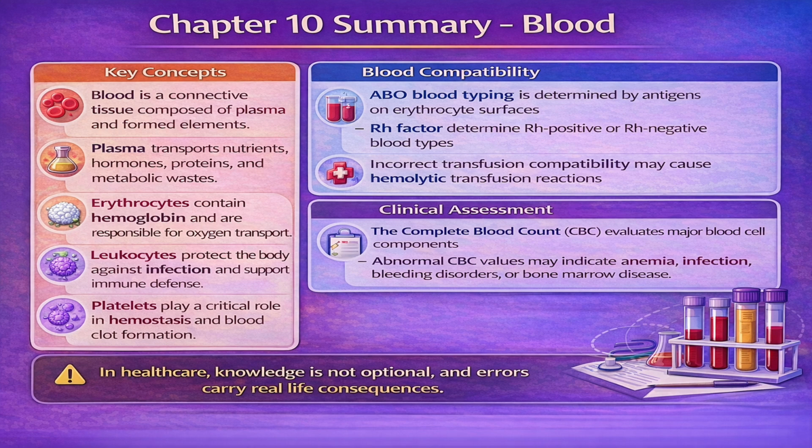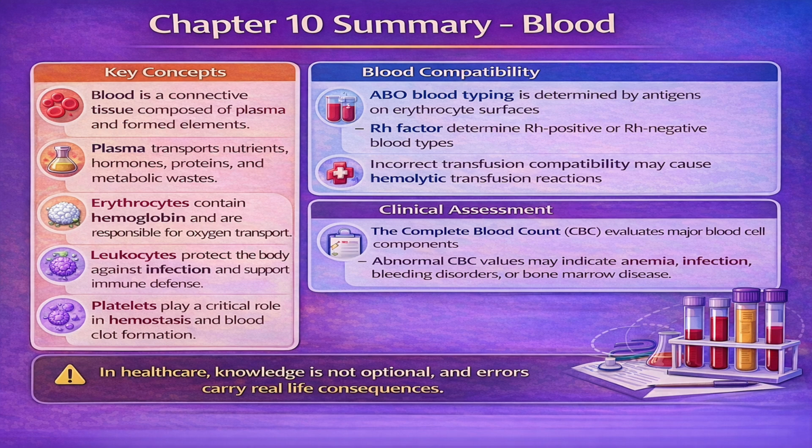We also explored blood typing systems, including the ABO blood group system and the Rh factor, both of which are essential for determining safe blood transfusion compatibility. Incorrect transfusion of incompatible blood may result in hemolytic transfusion reaction, which can have life-threatening consequences.